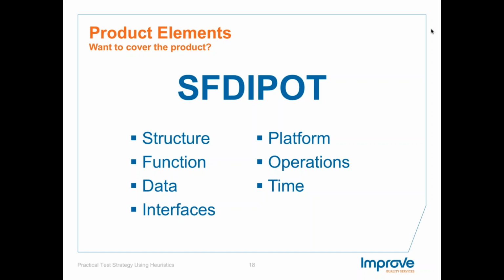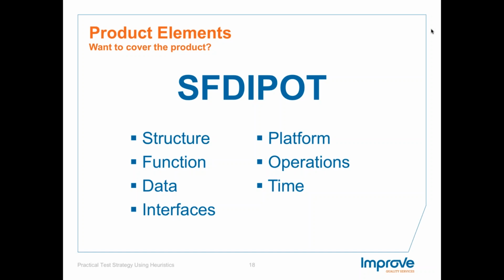Time was added last in this heuristic list, and I think it's important because time has a great influence on software, like the dates obviously and time as data in your product, but also what happens if we use the product over time, how does synchronization work, many things to cover.